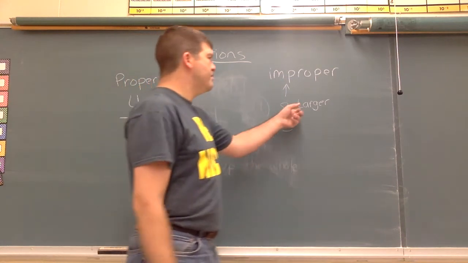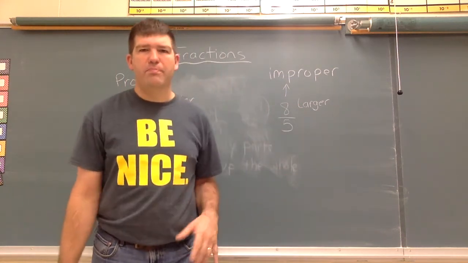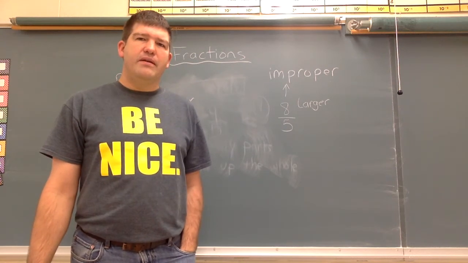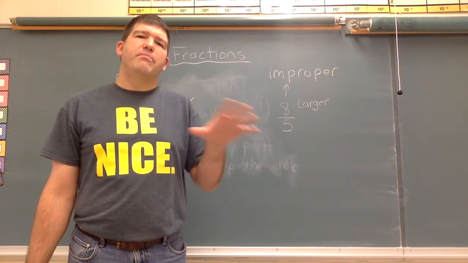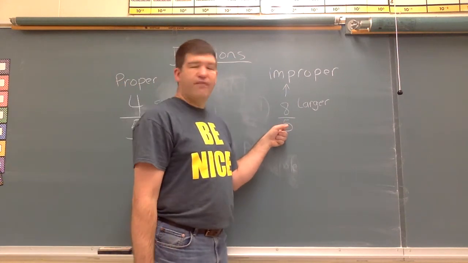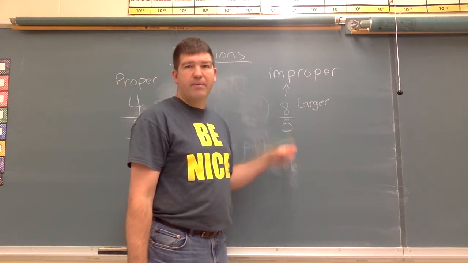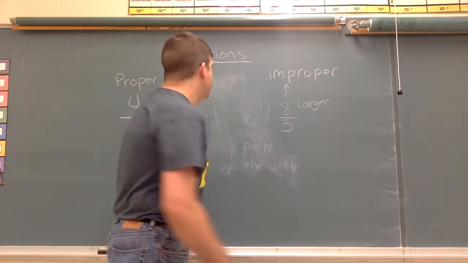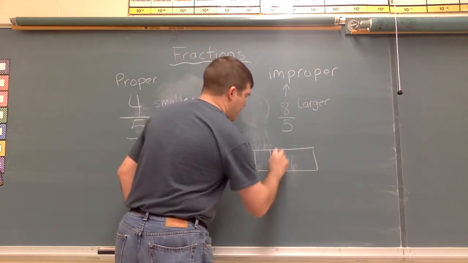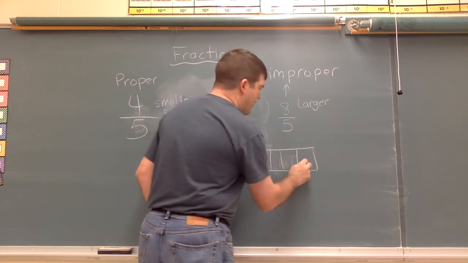Okay, smaller on top. Now, this one is larger on top. It's improper. We want to try and make this a proper fraction. Well, it's actually going to become a mixed number, because if I need 5, this is how many parts equal the whole. So say I got that candy bar again. 1, 2, 3, 4, 5.